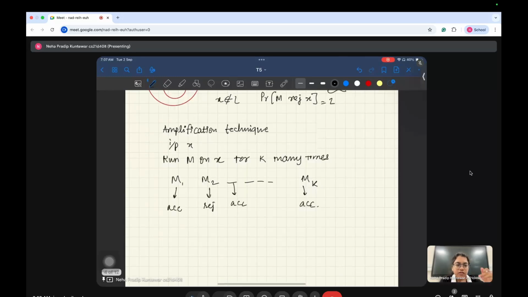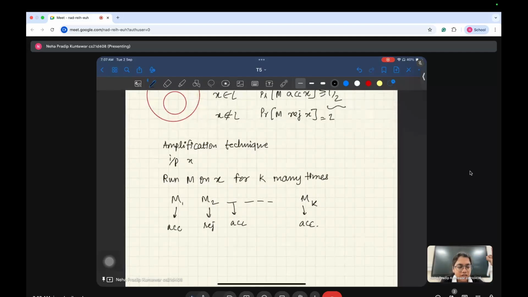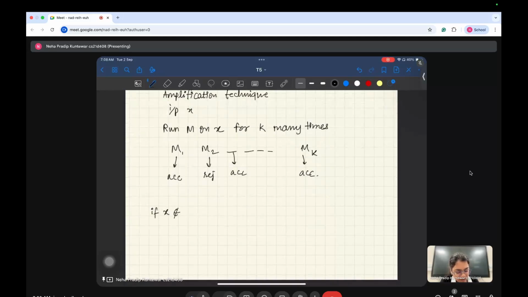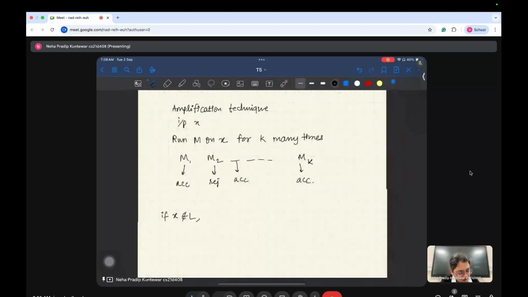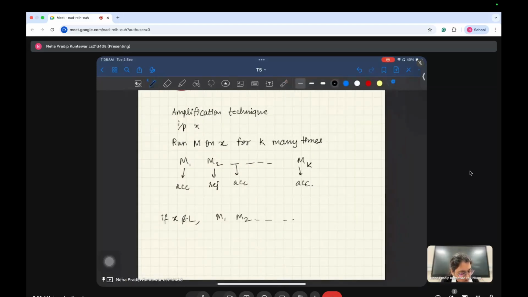Let's analyze this in cases. The simpler case is that x is not in the language. Then by the definition of our machine, M is going to reject x with probability 1. So all of these runs would have said reject, reject, reject, and so on, and in that case we reject.